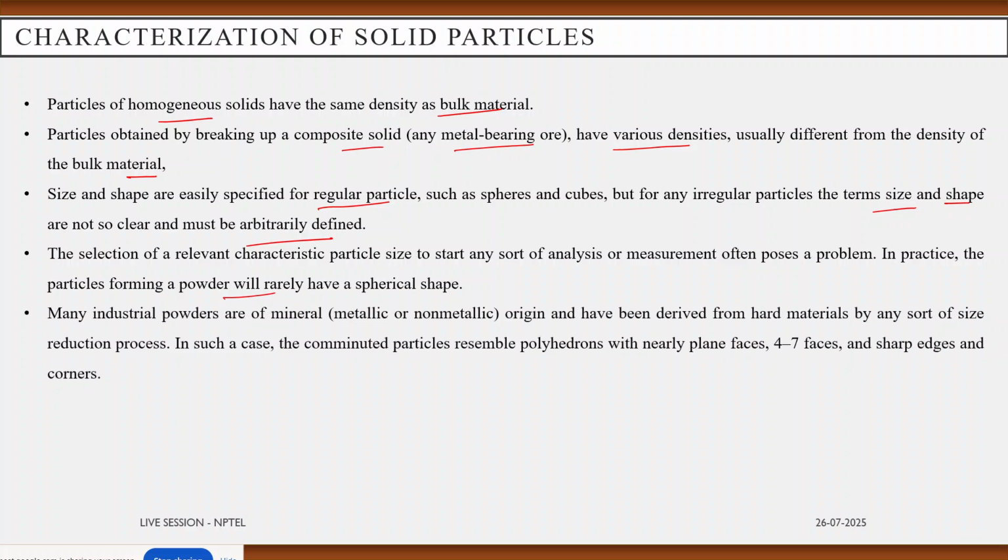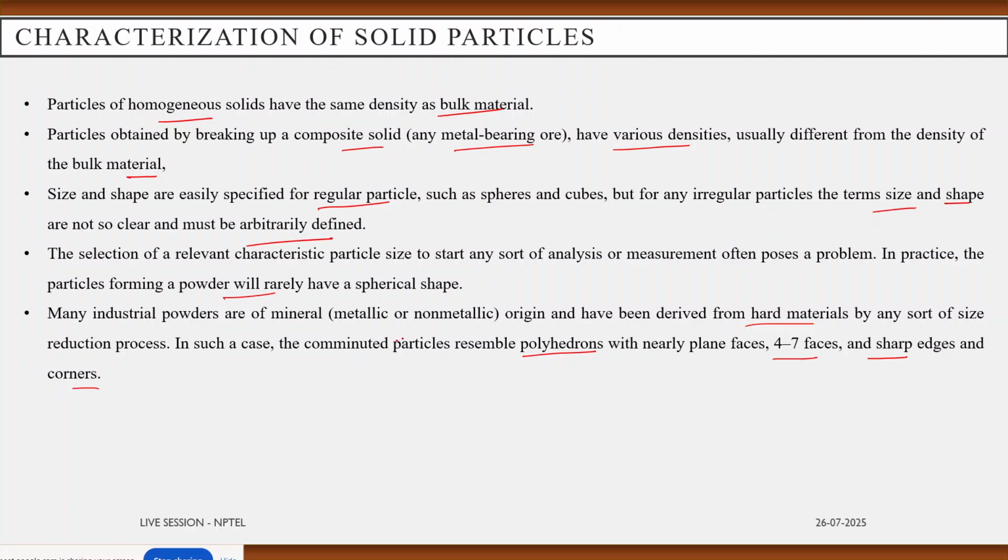In many industrial powder form minerals, metallic or non-metallic in nature, the material has been derived from very hard material by some sort of size reduction process. In such cases, the comminuted particles assume some polyhedron shape, which has 4 to 7 faces and very sharp edges and corners.